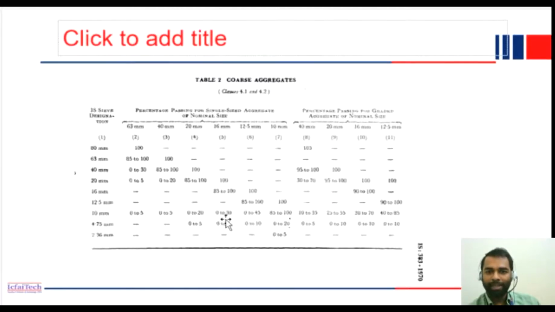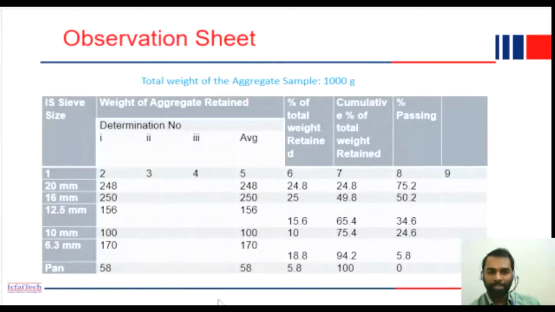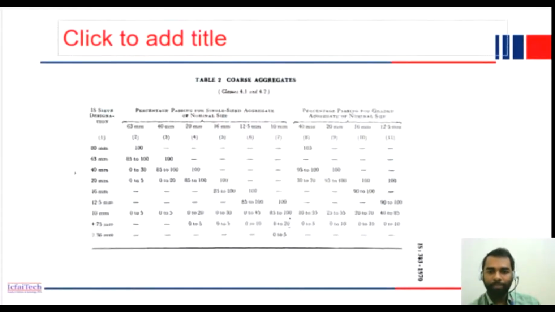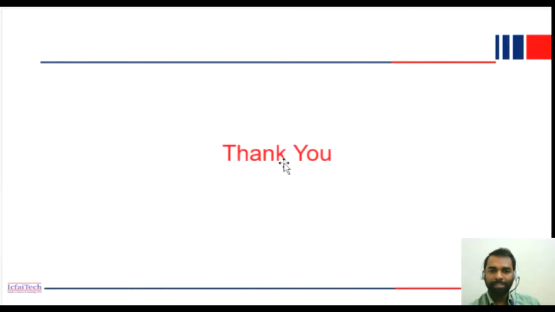If the nominal size of aggregate is 12.5 mm, then you should get this column of values. So once we do the experiment with the aggregate and find the average percentage of aggregate retained in each sieve, these values are compared with this table value, to see which one it is matching. Corresponding to that, we will tell that the nominal aggregate size is that much, either 63, 40, whatever it may be. So that's how this experiment is.